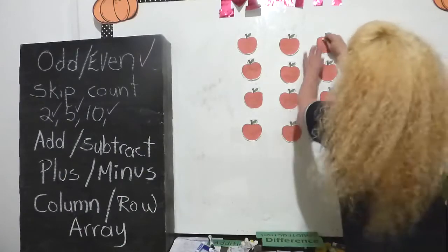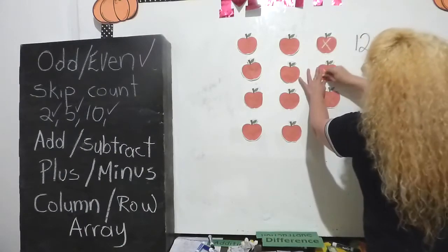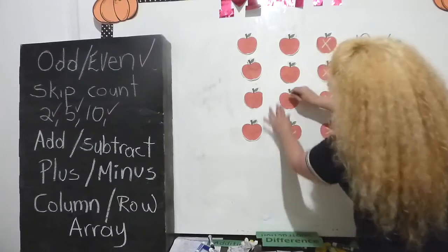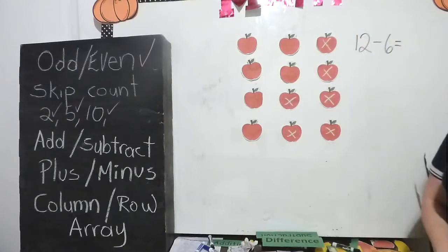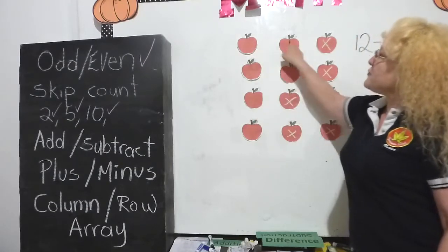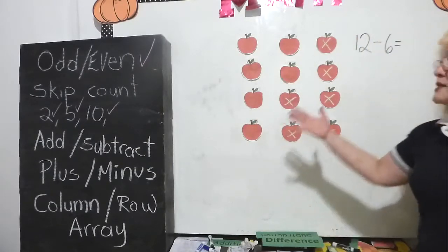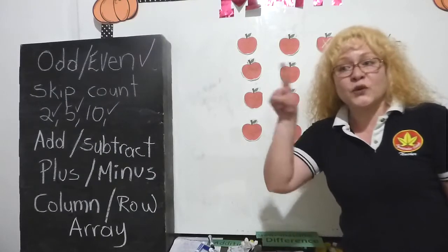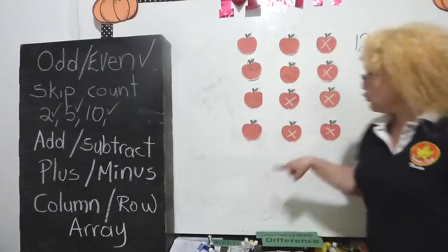Yes, I'm going to cross out 1, 2, 3, 4, 5, 6 apples. How many do I have left? 1, 2, 3, 4, 5, 6. That is subtracting, crossing out. Crossing out.